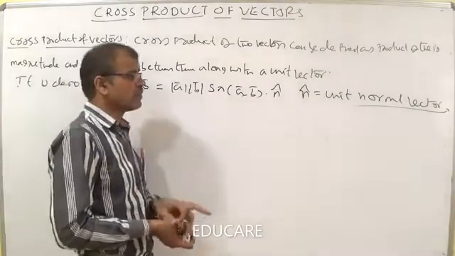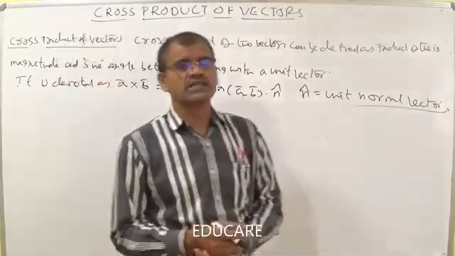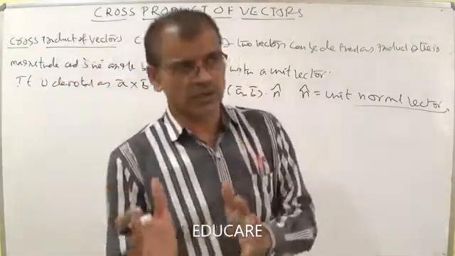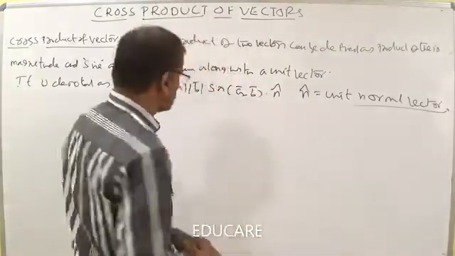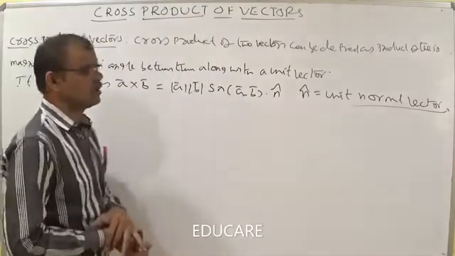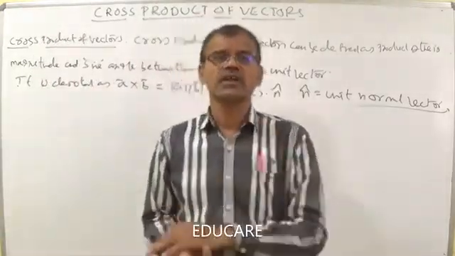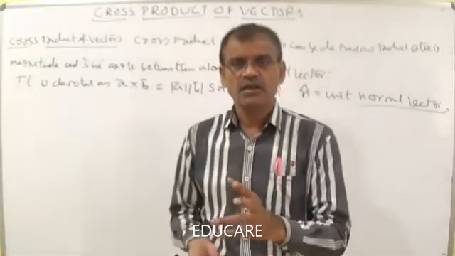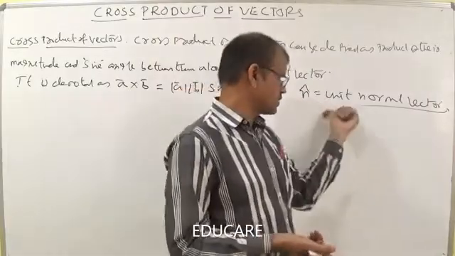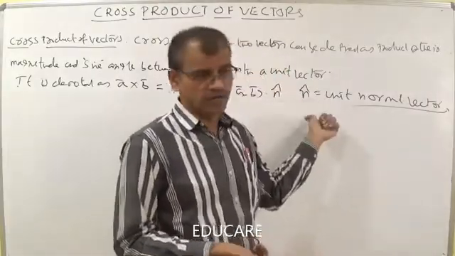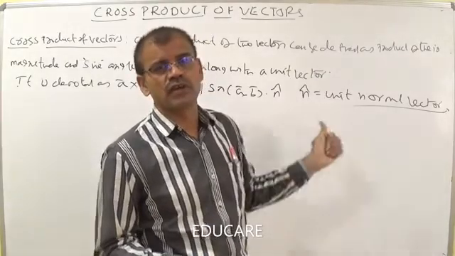That is why we should understand that n bar is a unit normal vector. What is normal? It is perpendicular to the given two vectors. So the vector notation is n bar. Somebody might say a cross b is equal to mod a into mod b into sin theta. That is not right. The magnitude of a cross b is mod a into mod b into sin theta, because n bar is a unit vector and its magnitude is 1.